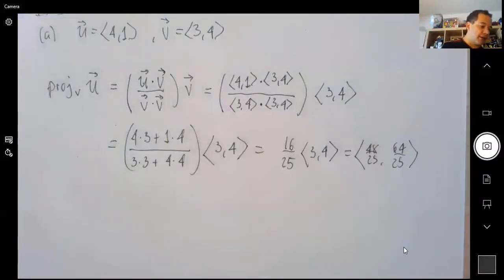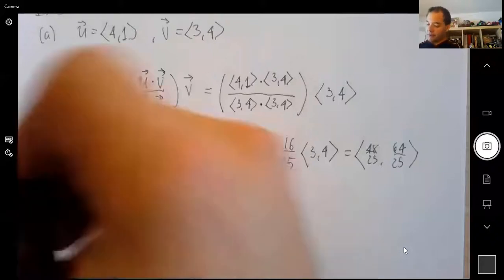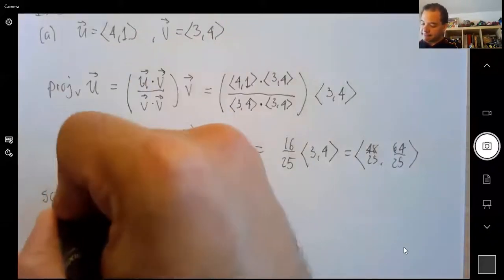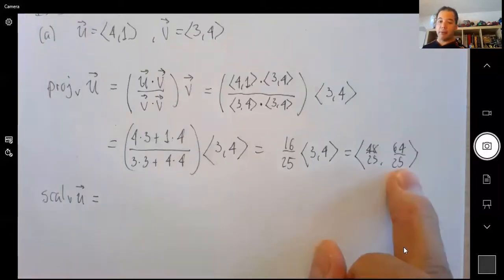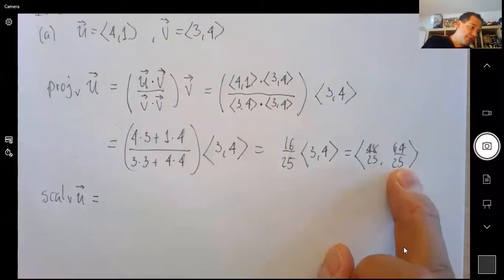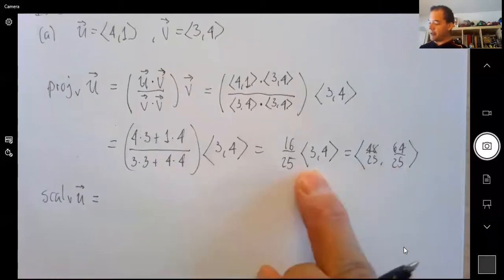Now, what about the scalar? Well, the scalar is what you're supposed to multiply the original vector by, right? So for the scalar, we can recalculate with the formulas that we know, or we can just figure it out from our previous answer. If we use the previous answer, it's super easy.